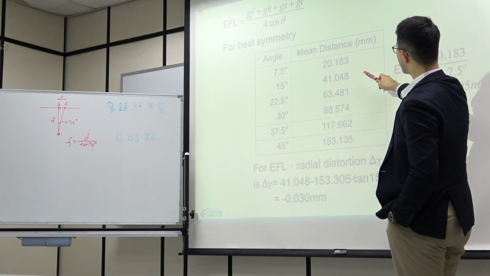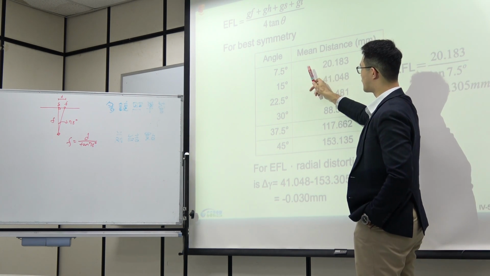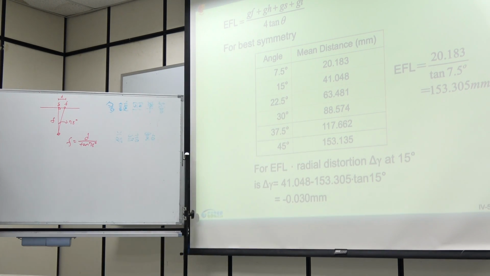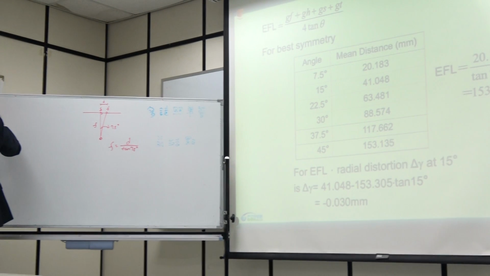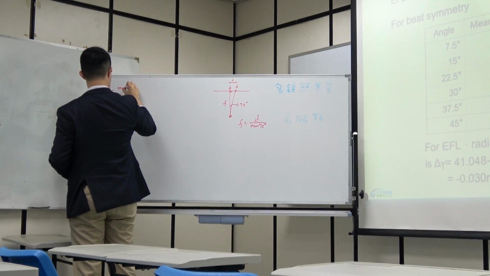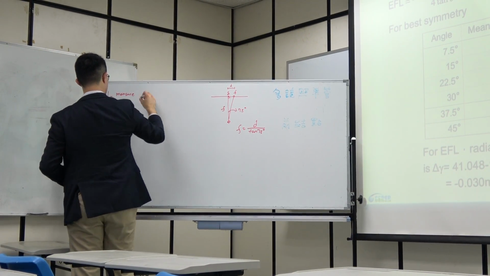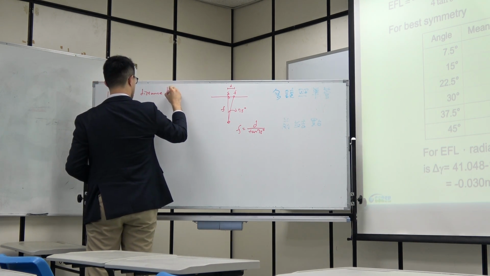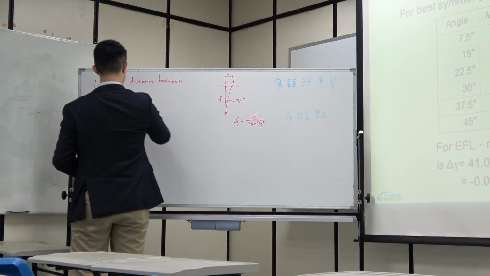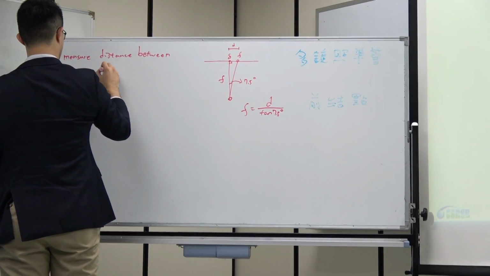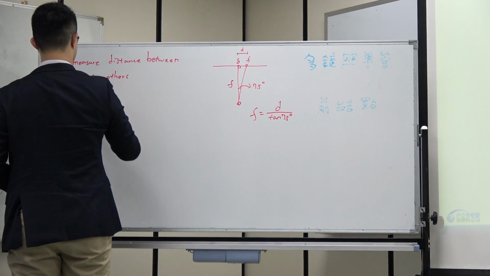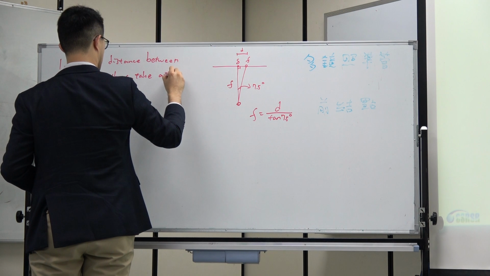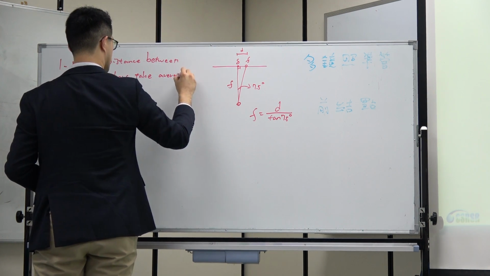Actually, this one is not this. This one is for measuring. Wait, let me actually write it down. In this case, measure distance between G to others, take the averages.